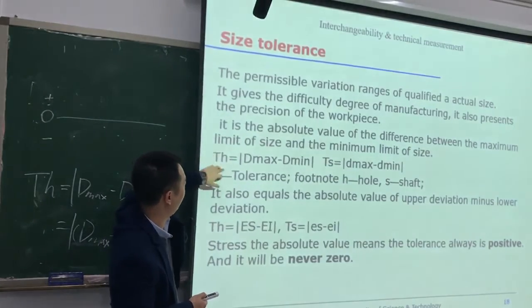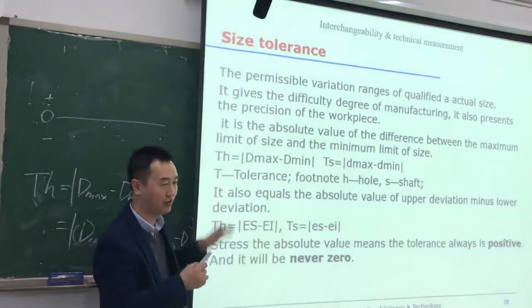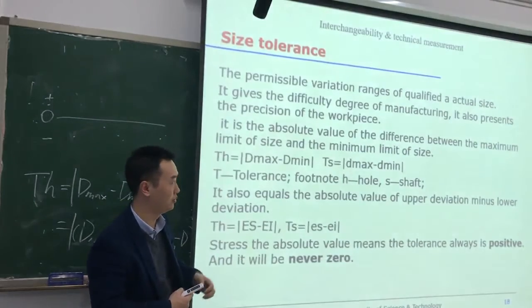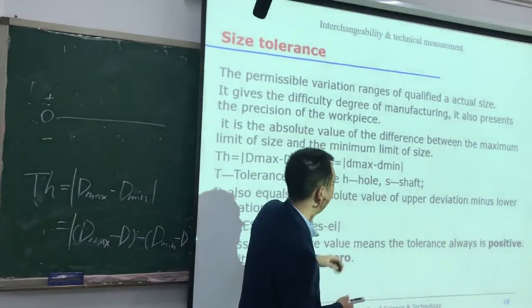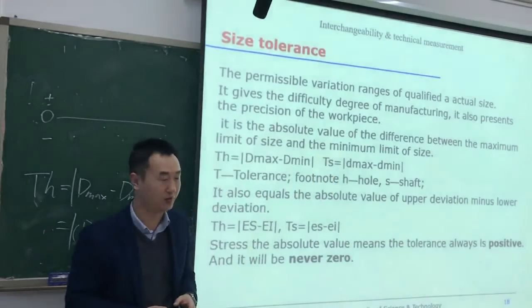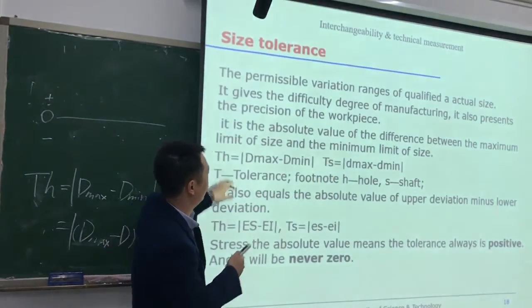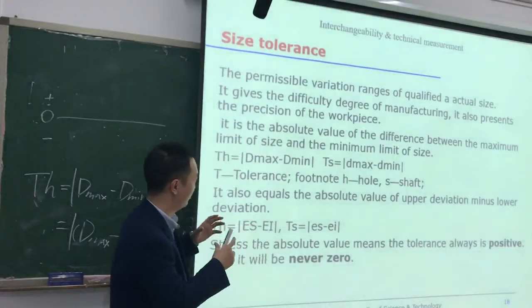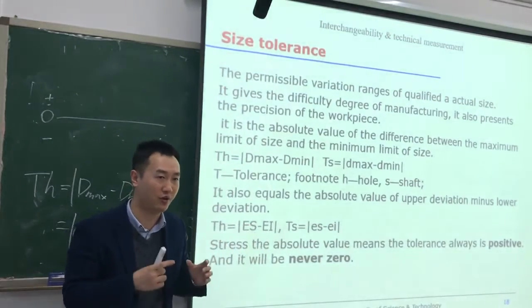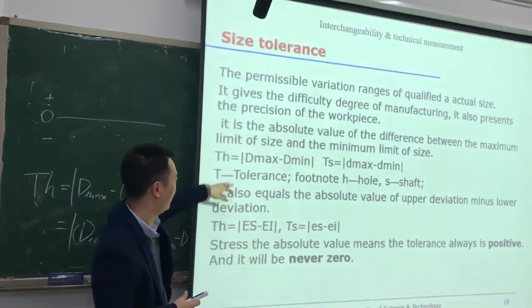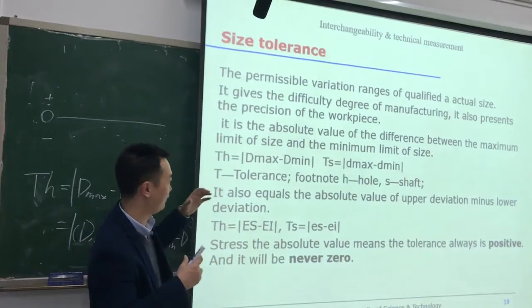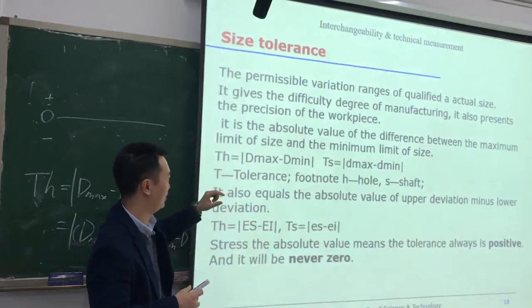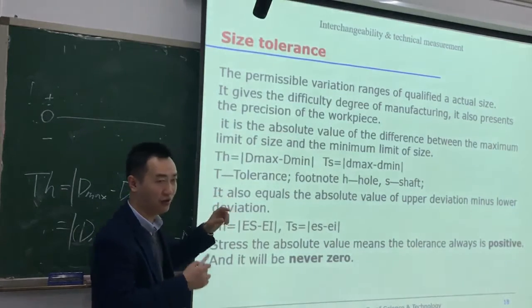If the tolerance value is very small, it means that during manufacturing the workpiece must be made very precisely, in a very small room.